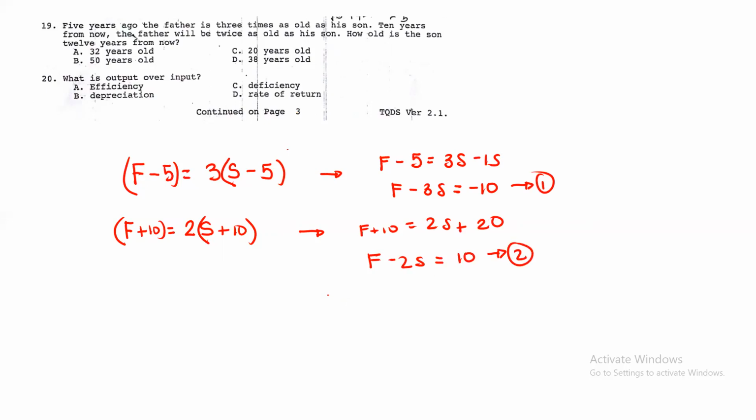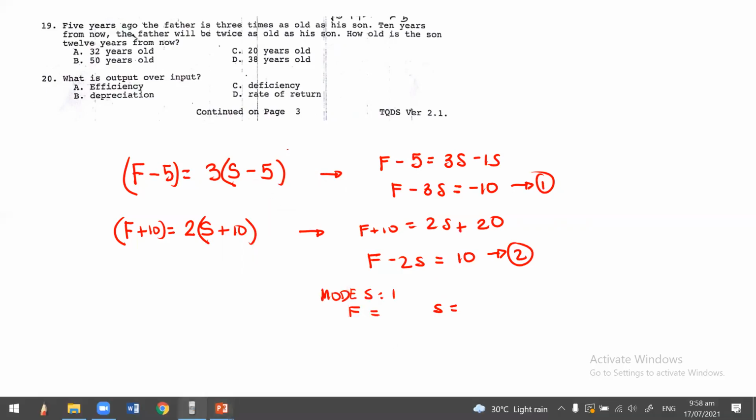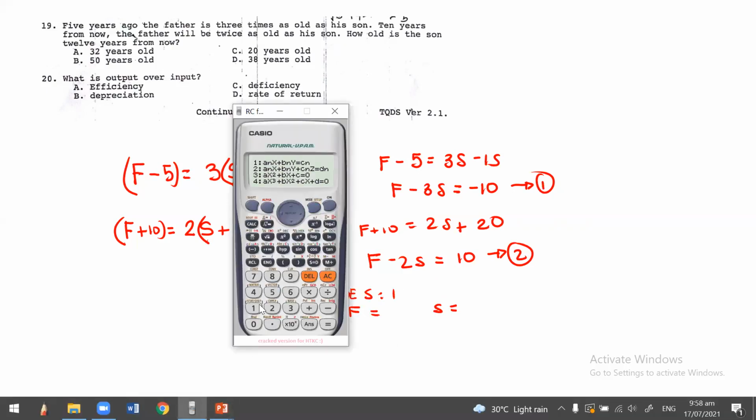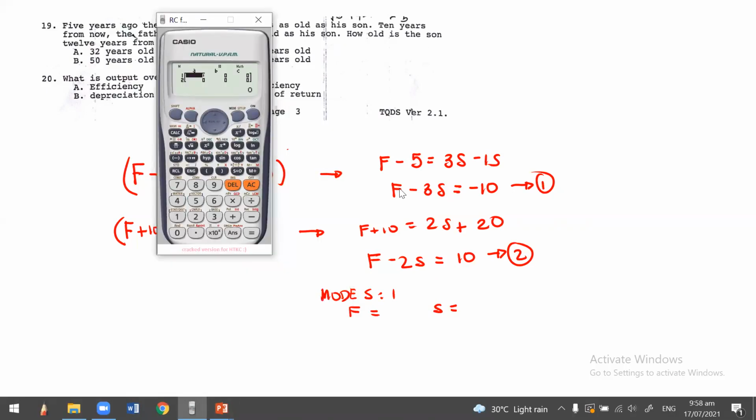I-mode 5-1 natin. Mode 5-1, so makuha natin value ng F at saka value ng S. Yung equation 1 at 2. Yung coefficient, 1, negative 3, then negative 10.